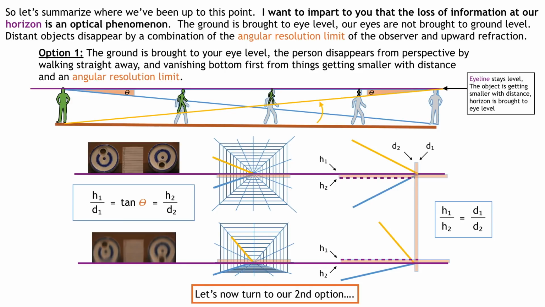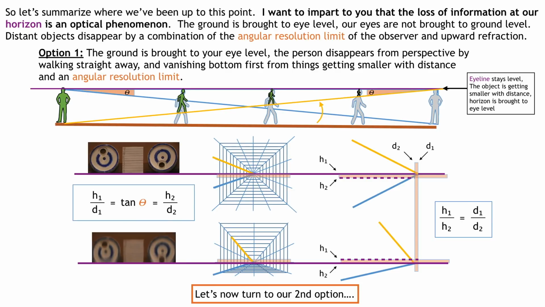In the bottom example there of our 1-point perspective, you see that those lower transversal lines get more compressed and the upper transversal lines get more expanded. So those lower transversal lines approximate theta a lot sooner than the upper ones do, and the object, as it moves straight away from you in a straight line, will appear to set into your horizon if it started out with parts of it above and below.